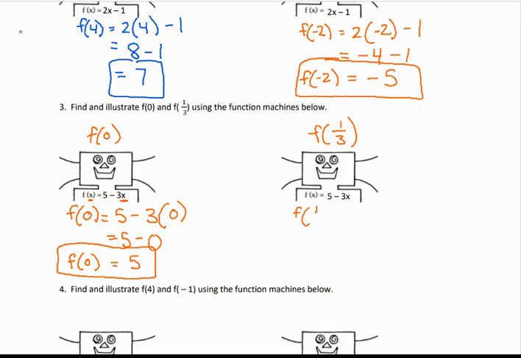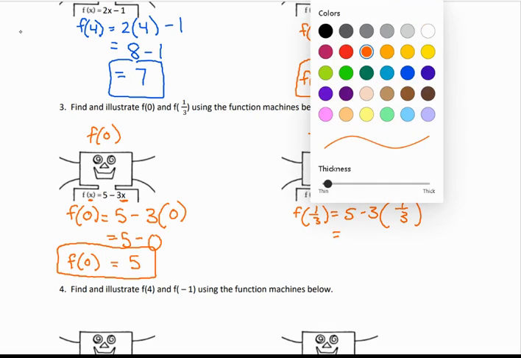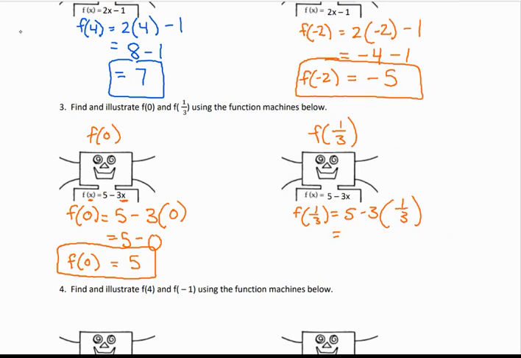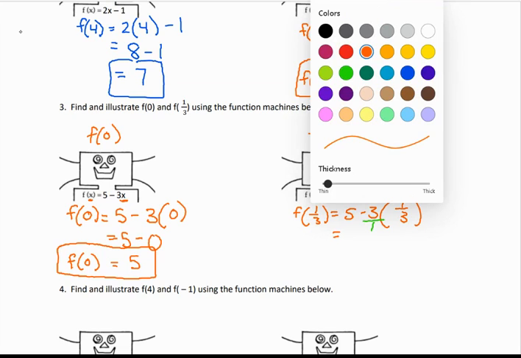The next one, 1/3. I plug in 1/3 where I see an x. Okay, so that's the first step. Order of operations: we do multiplication first. Remember, this is really saying 3/1, so I multiply across.